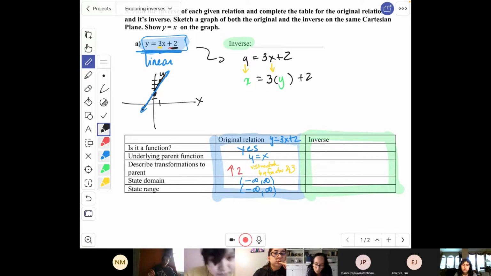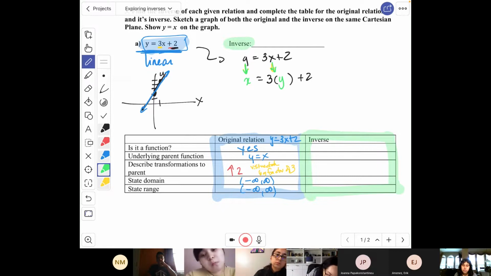So do you see how I've just interchanged the x and the y? That's all I've done. I've interchanged literally the x values and the y values. That's what it means to take the inverse of a function. Interchange the domain and the range.